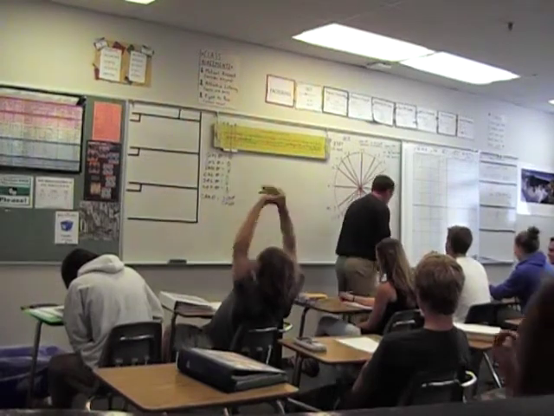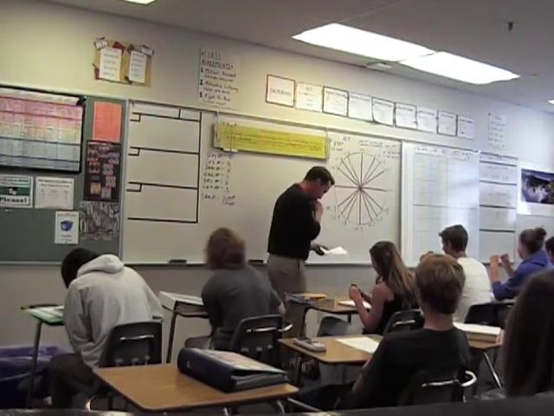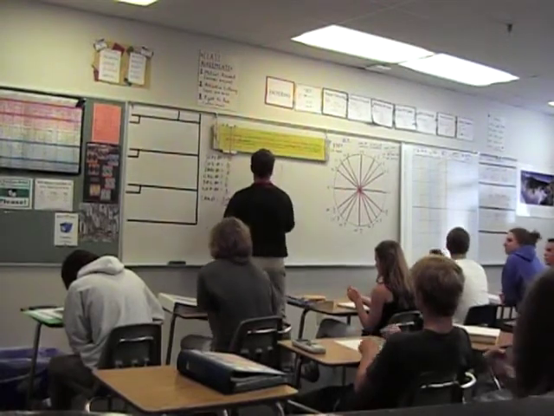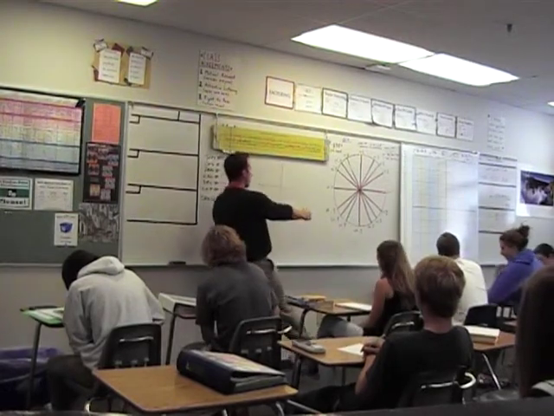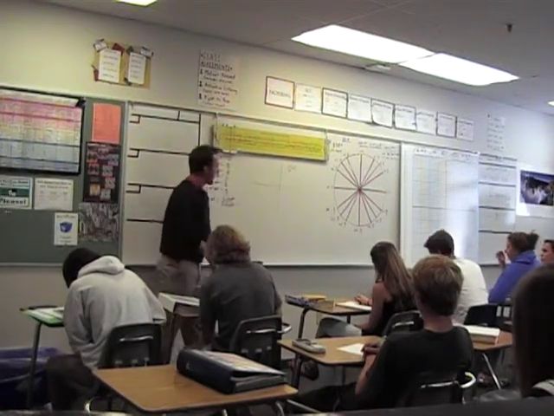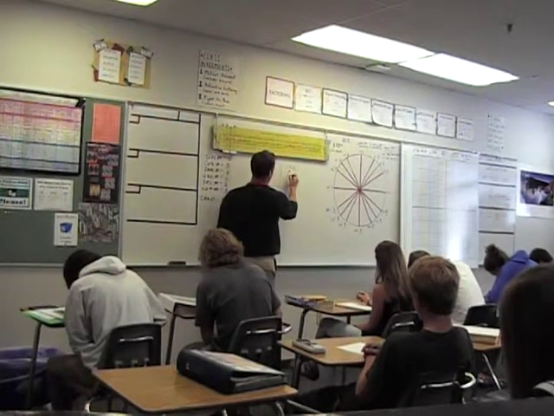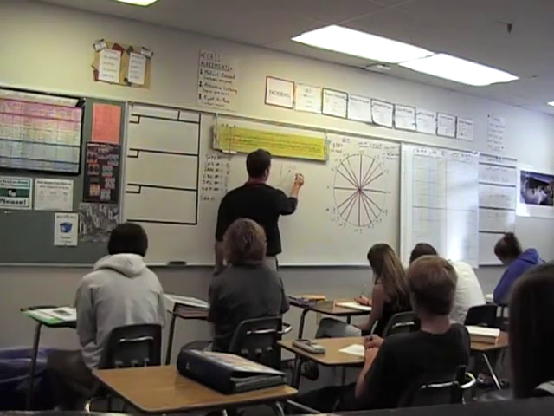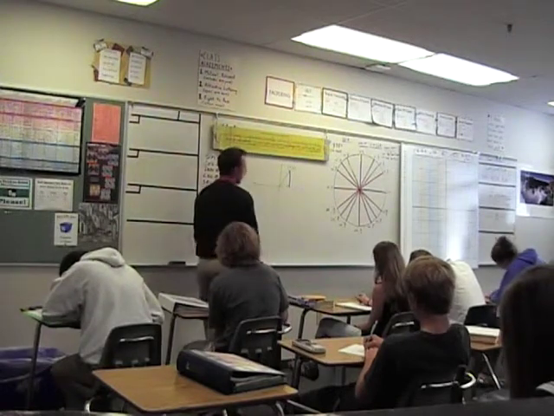Okay, so there's some vocabulary here. Standard position of a triangle. If I'm in quadrant 1 and my triangle has point (3, 4), the standard position means that my hypotenuse runs to my origin, and the other side of my triangle runs to the x-axis perpendicularly, so I have a 90-degree angle.